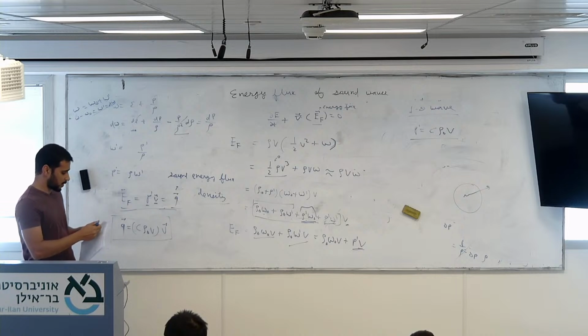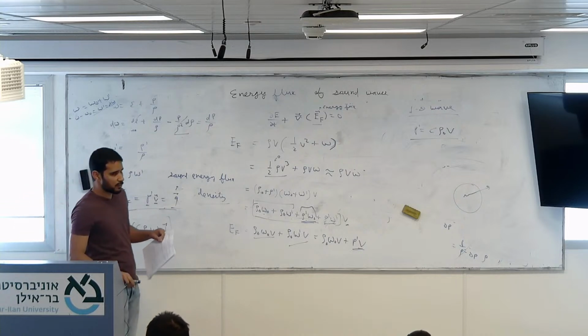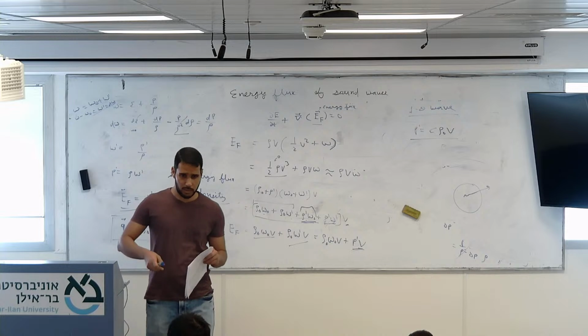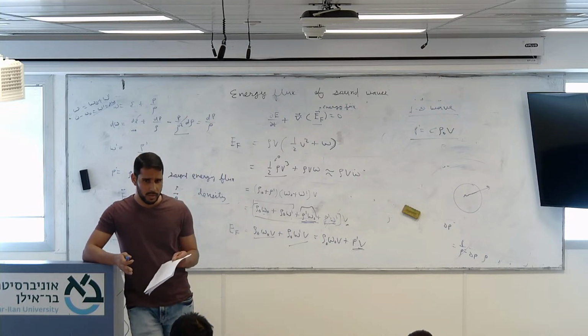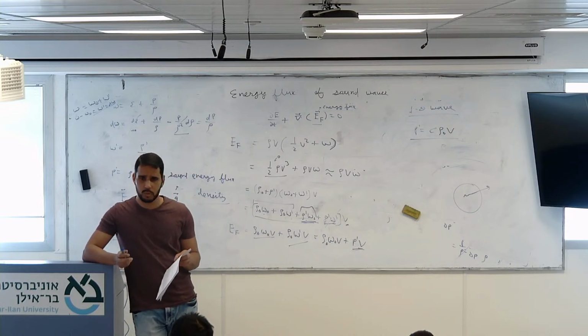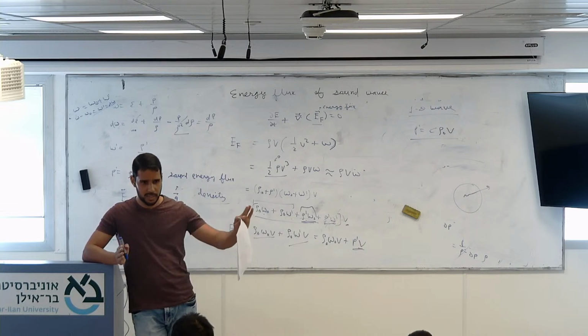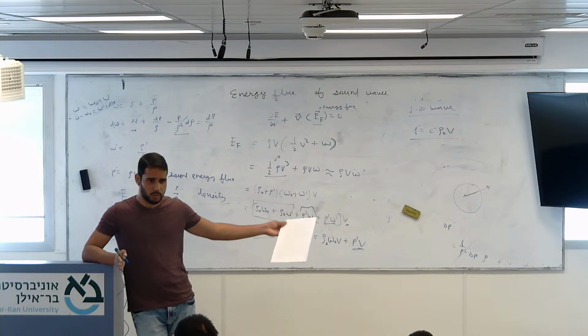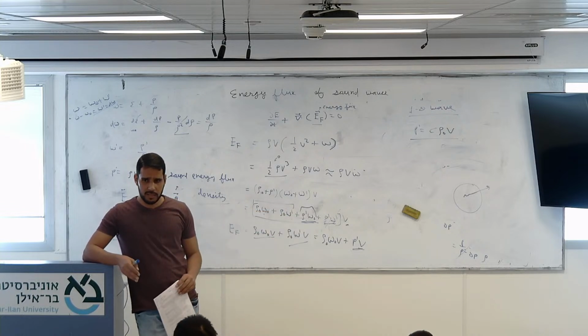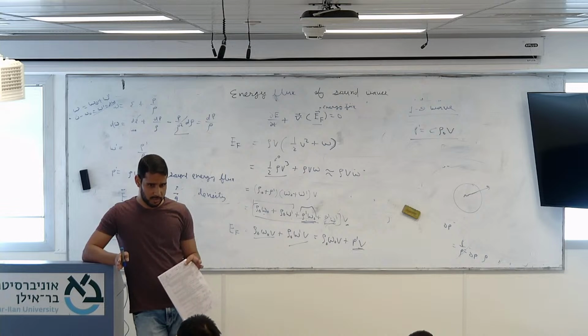Other than that, you have seen that when we derived the wave equation of sound, we had many assumptions. Two of them were: the medium is not moving, it's a static medium, which we always follow; and second, there is no pressure gradient in the system itself. Right?